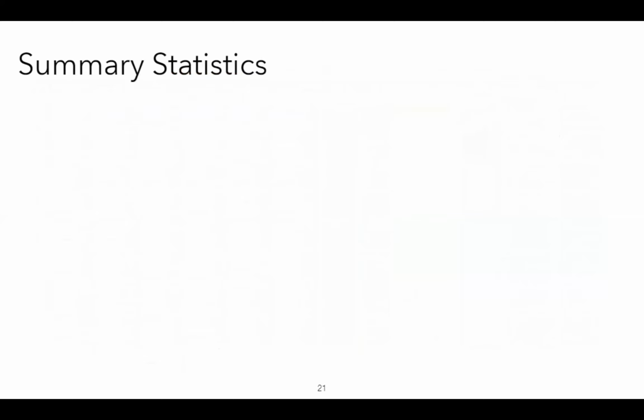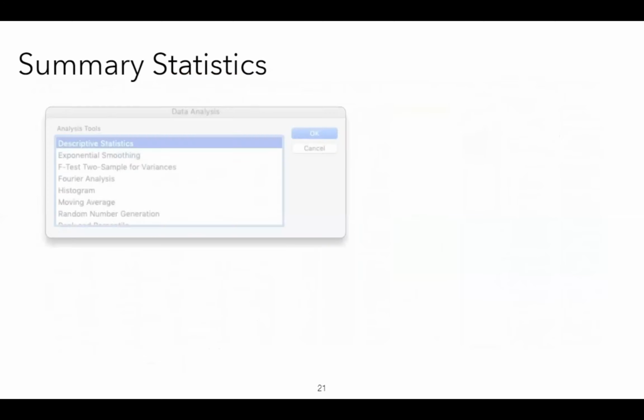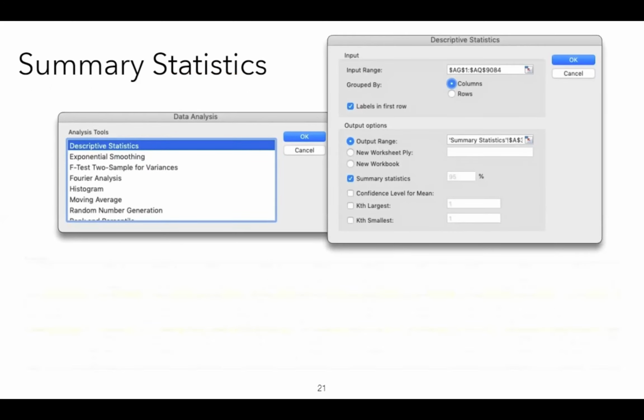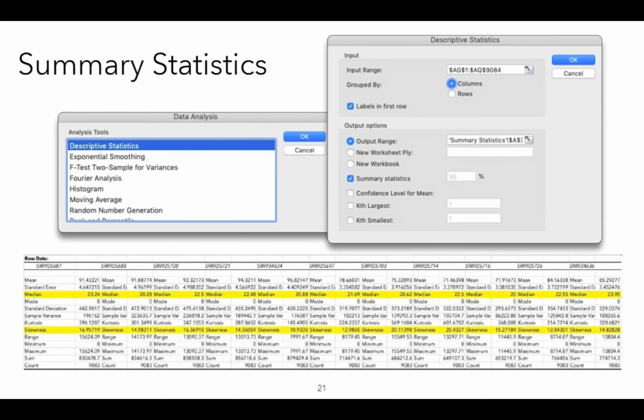But now if you want to dig more into the actual data and the statistics of the data, it's better that you do the descriptive statistics. That's where you're going to get more information about the overall median, the skewness of the data, the range, the minimum and maximum.